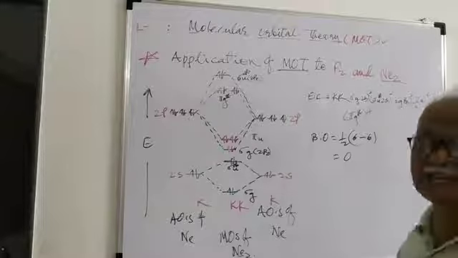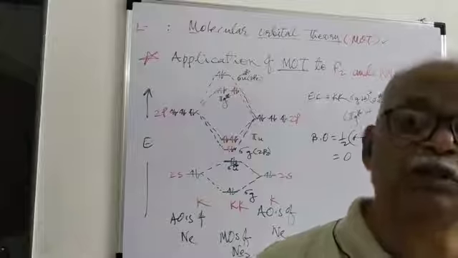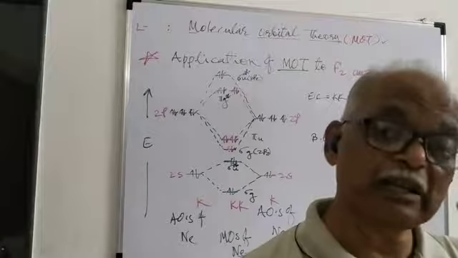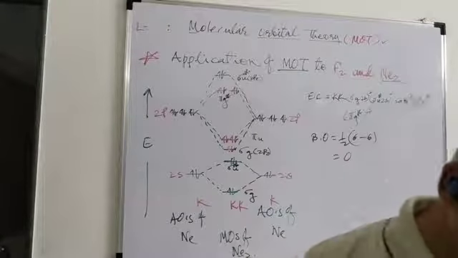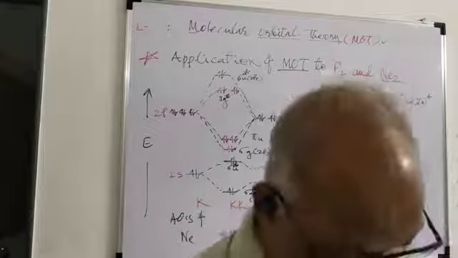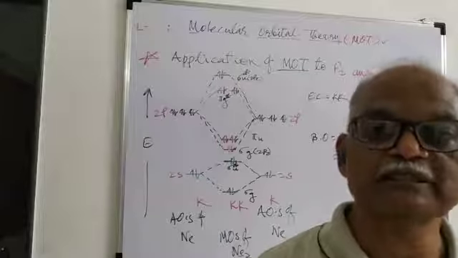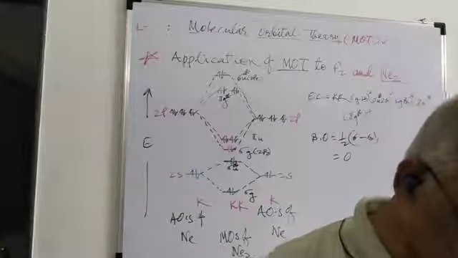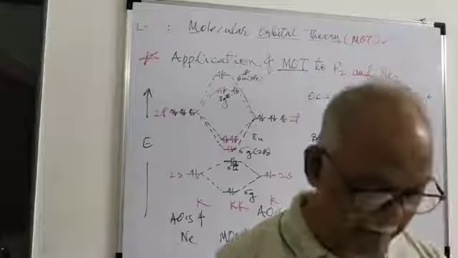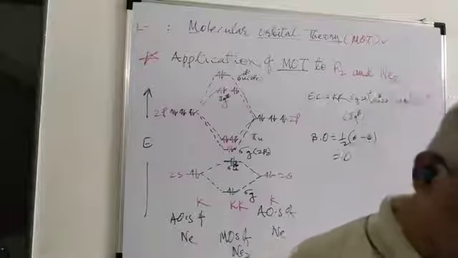So the molecule Ne2 does not exist. It means this neon is a monoatomic molecule, and this is an inert gas. So because of this, it is not reactive. So it will not take part in any reaction. So this is about the F2 and Ne2.